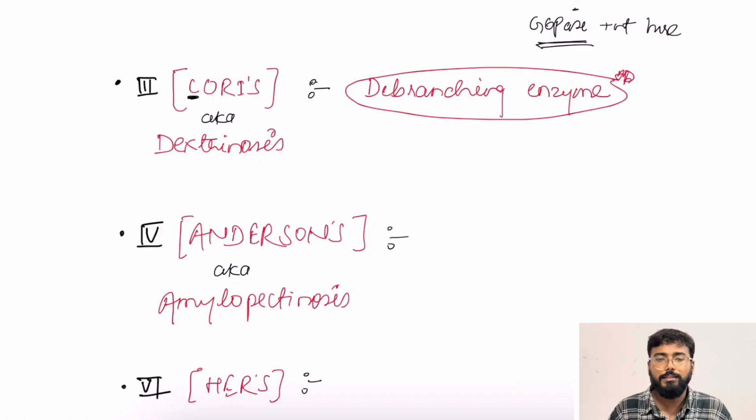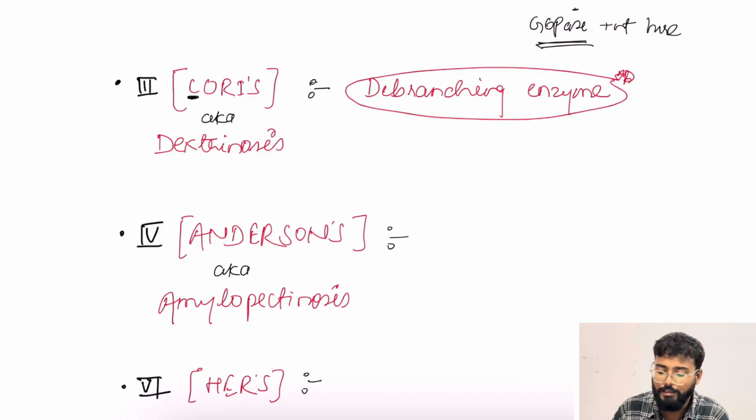Dextrin is also a polymer of glucose, and when the debranching enzyme is defective, it cannot properly break the glycogen molecule. So it ends up forming dextrin, which is deposited inside the liver. So dextrin is an abnormal form of glycogen.